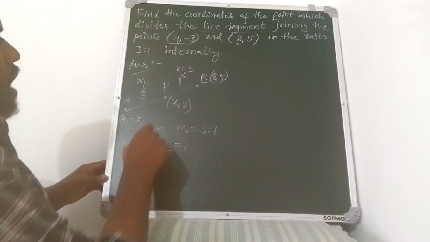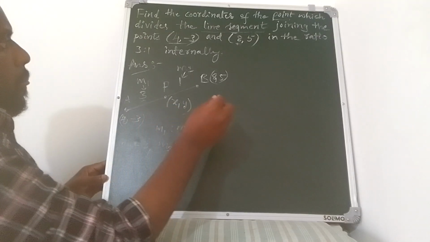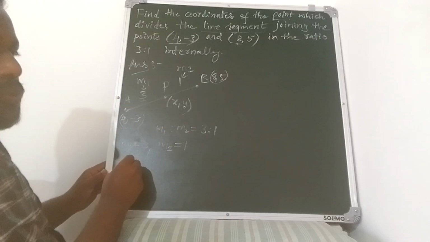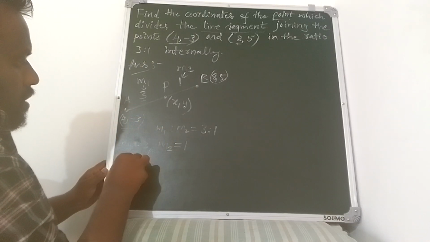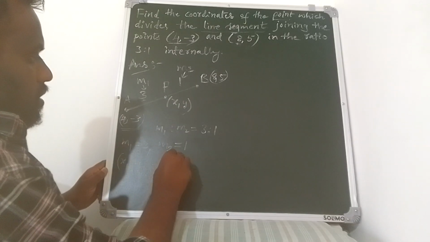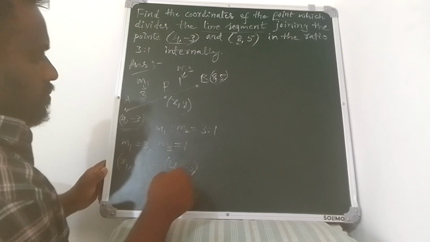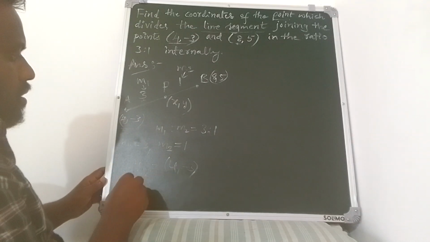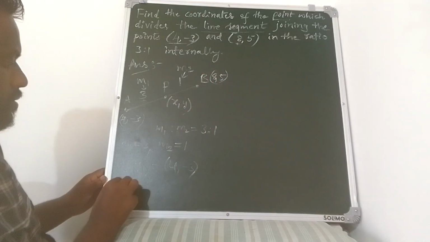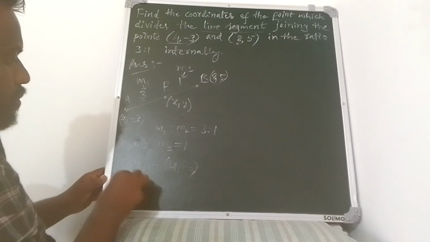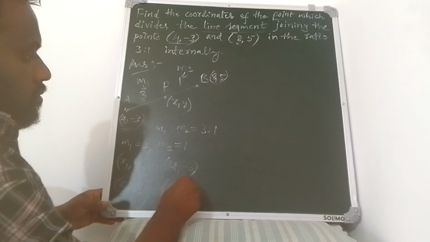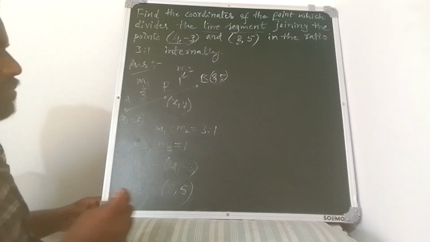Point A (4, -3) I will take as (x1, y1), and point B as (x2, y2), which is (8, 5).